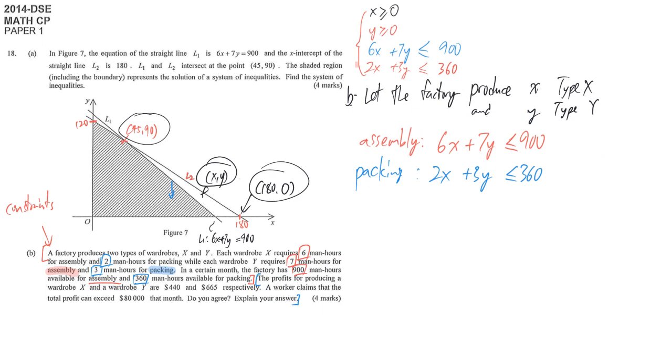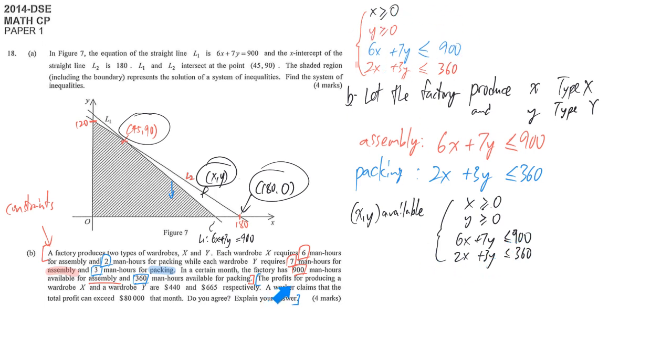That means we can produce the feasible solution. First, X is greater than or equal to 0, Y is greater than or equal to 0. And then 6X plus 7Y is at most 900, and 2X plus 3Y is at most 360. Of course, you realize that they are just talking about the situation in part A, and they should be the same.